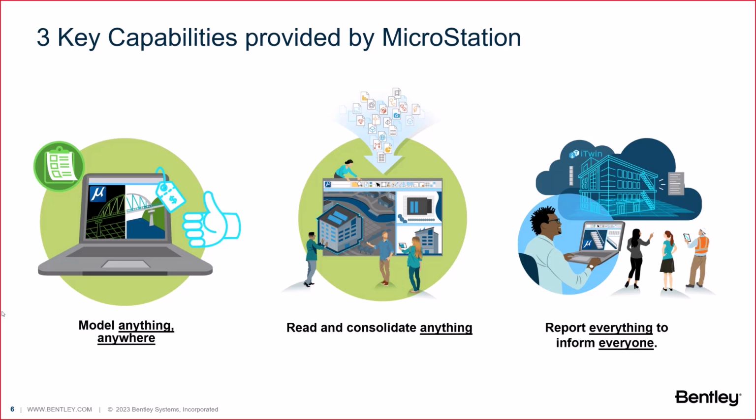With this aggregated model we created with MicroStation, we can create reports from different data, not only from the data we create with MicroStation. So a report coming from a building site, from a piping site, from a road site, and we are also publishing outputs and feeding the digital twin with MicroStation.